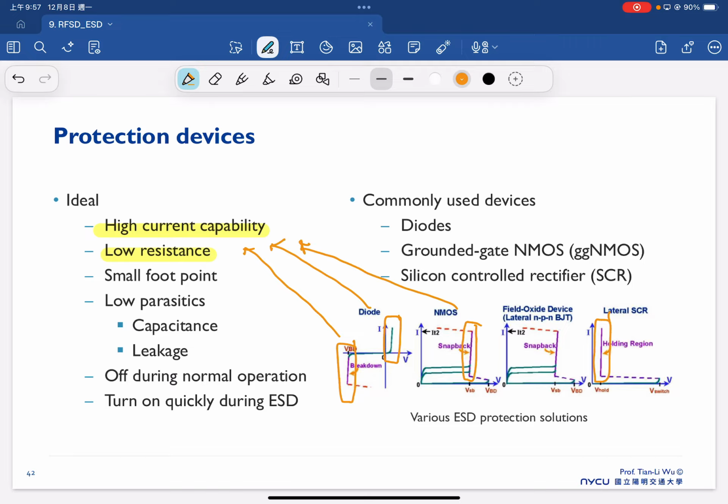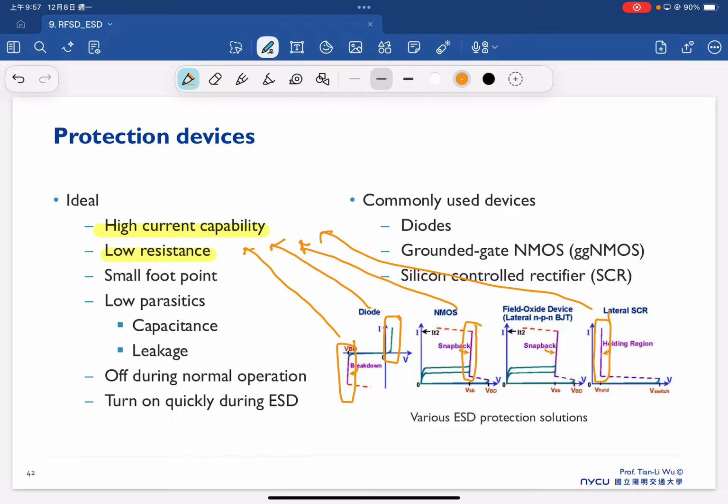Because we want to make sure that once a high voltage ESD strike happens, this protection device can be turned on and have a high current go through, and therefore we want this device to have a high current capability.